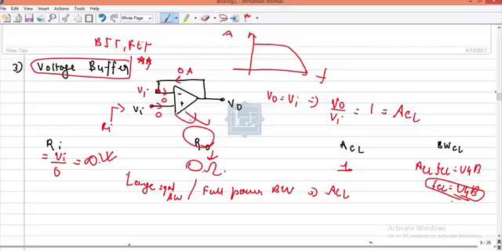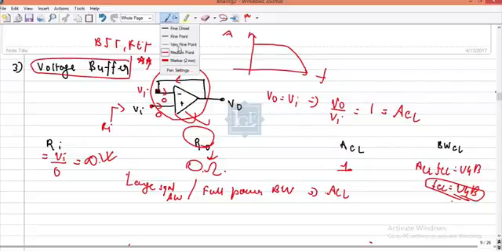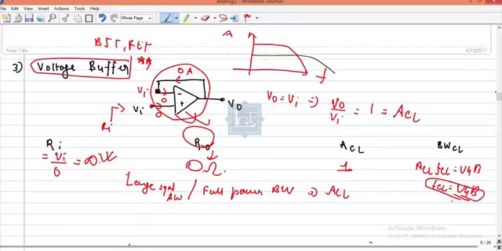Now they asked me, tell me what is the frequency response of this circuit. Can anybody guess? I'll tell you like this. The same output will be there, but the bandwidth will increase and the gain will decrease. Why, sir?